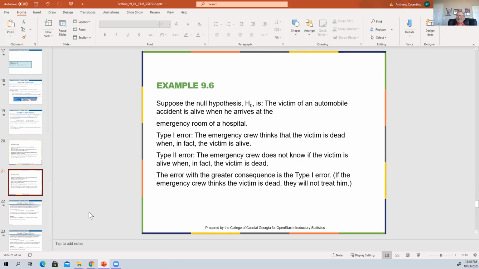Obviously kind of a giggle. Hopefully when I read that, I did too. And you can see the type 2 error is that the victim is thought to be alive when actually dead, but at least they're trying to save somebody, right? So you can see here the type 1 error is much worse than the type 2.